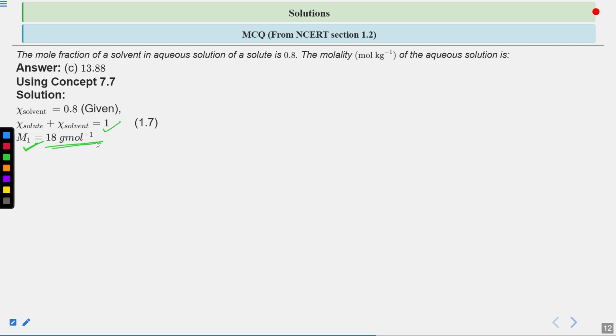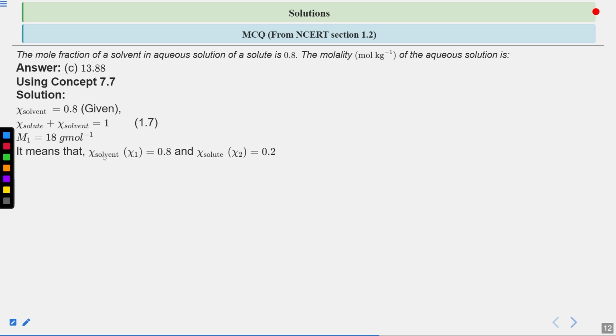How? The formula for water is H2O, so the molar mass will be 2 times 1 plus 16, which is 18. So 18 grams per mole is the molar mass for the water molecule, and the molar mass of the solvent is 18.